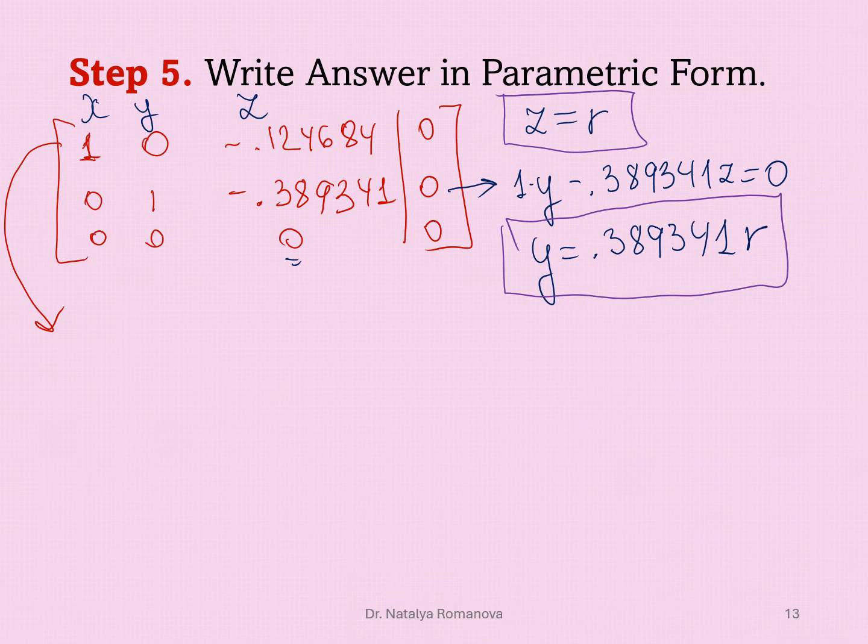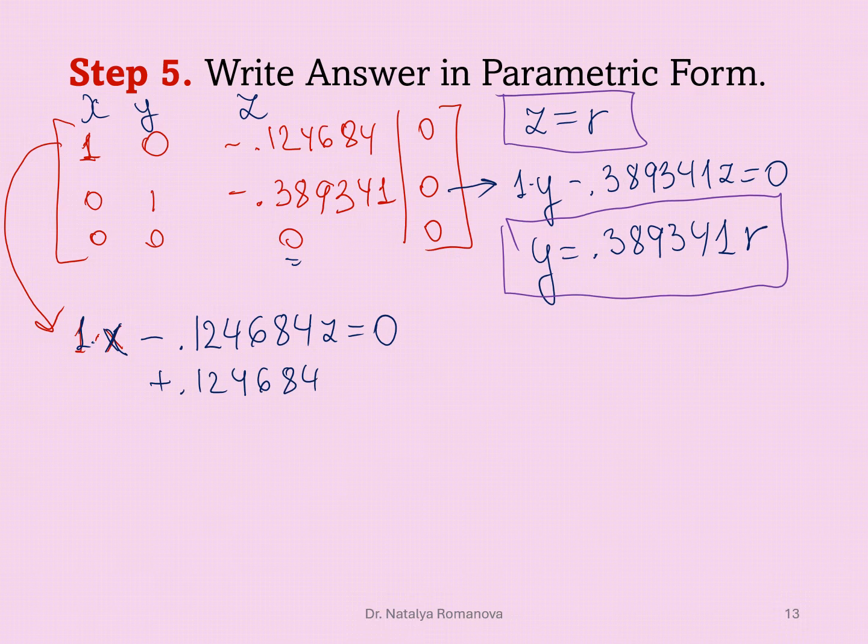So 1 is the coefficient of x. 1 times x plus 0 times y, so it is 0, minus 0.124684z equals 0. Now I have to express x. I add to both sides 0.124684z.